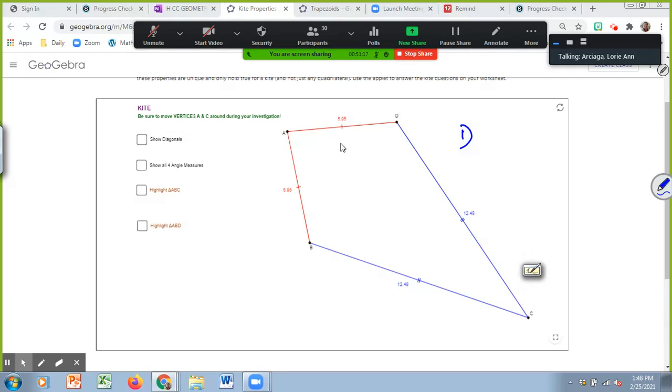If you take a look at the sides, there are no parallel sides. But the red ones are congruent, and the blue ones are congruent. They're not opposite though. So what do you call two sides that are right next to each other? Two pairs of what?